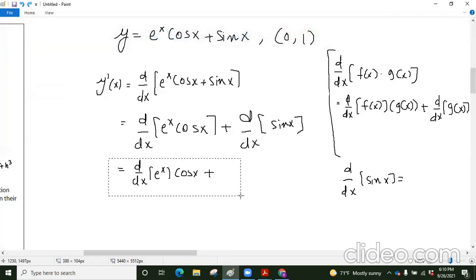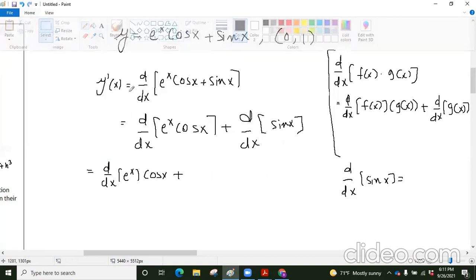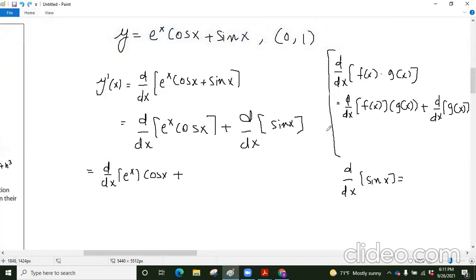When we're doing the product rule derivative, if you look back at the formula, it's the derivative of the first multiplied by the second function, and then the derivative of the second function multiplied by the first. And then that is plus the derivative of sine of x, which is cosine of x.